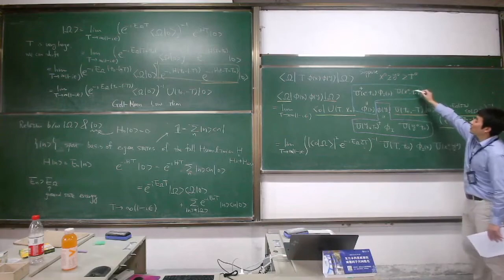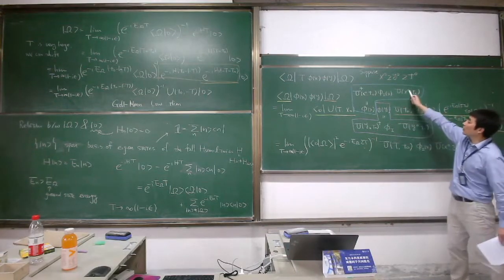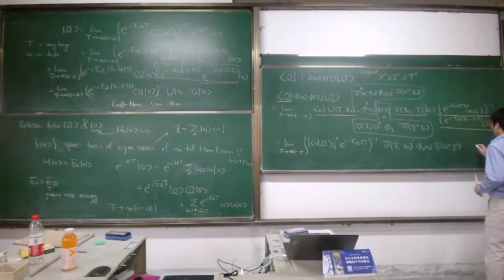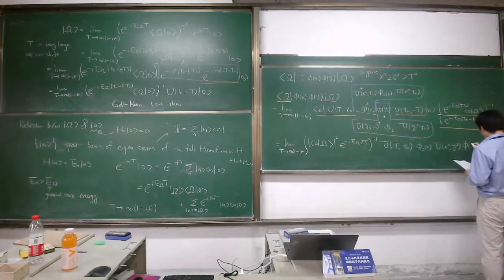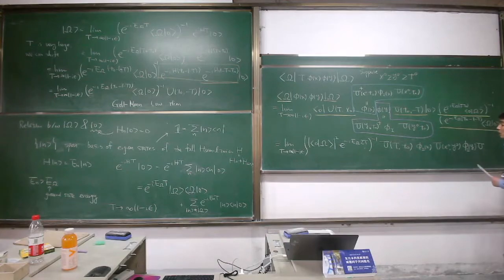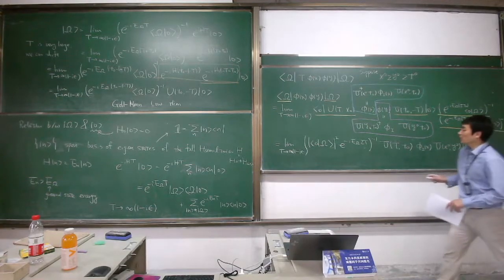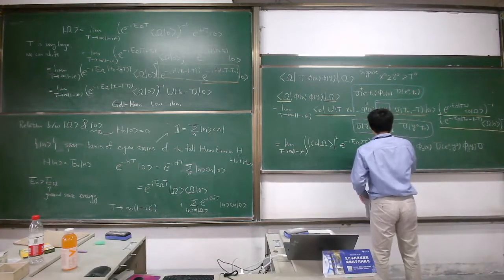If you combine this time, this will give you x naught to y naught, and then we have a phi operator in the interaction picture and a U, and then I'm very sorry. I think, do I write the 0 here? So 0.